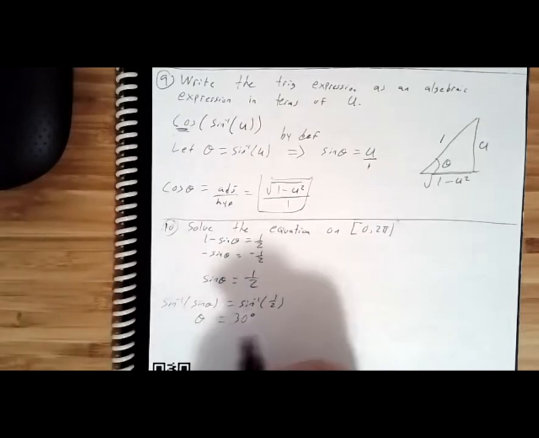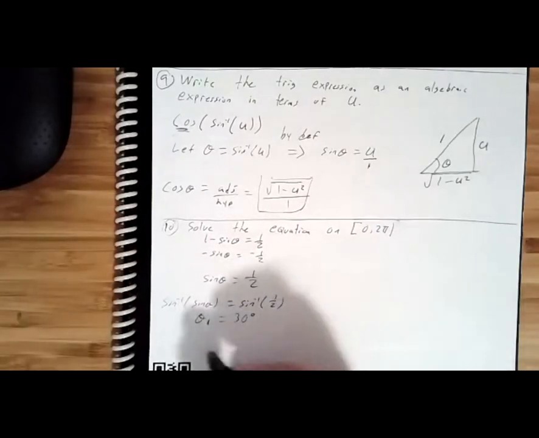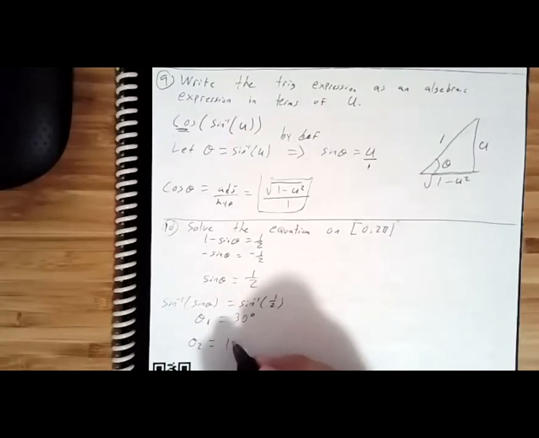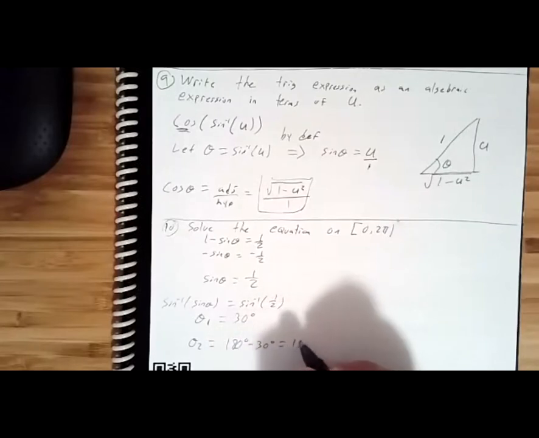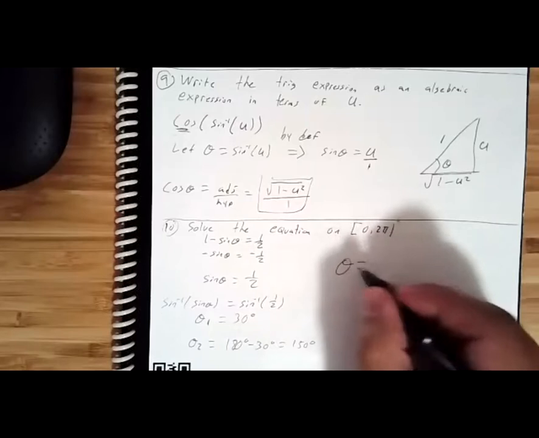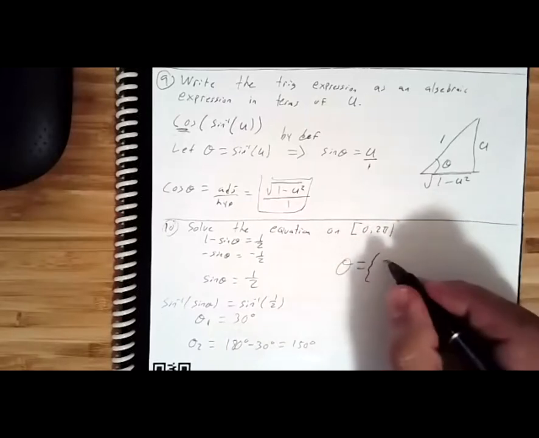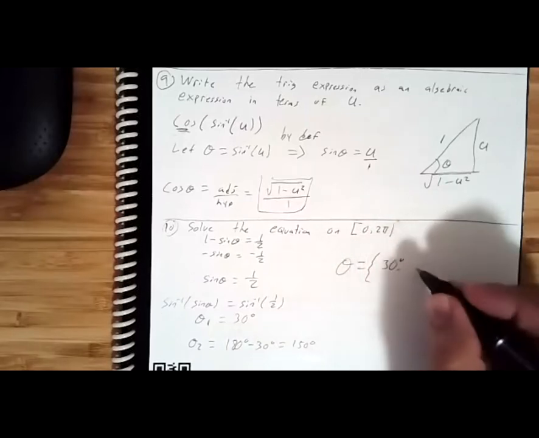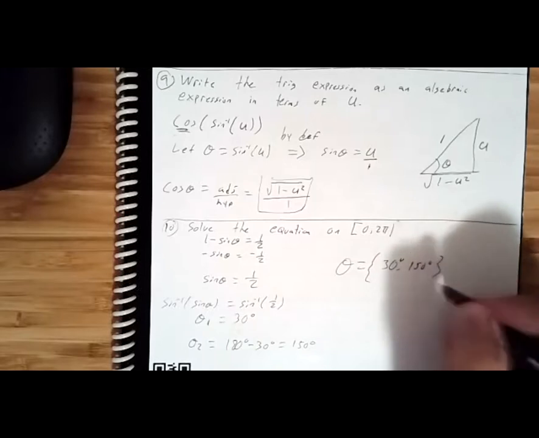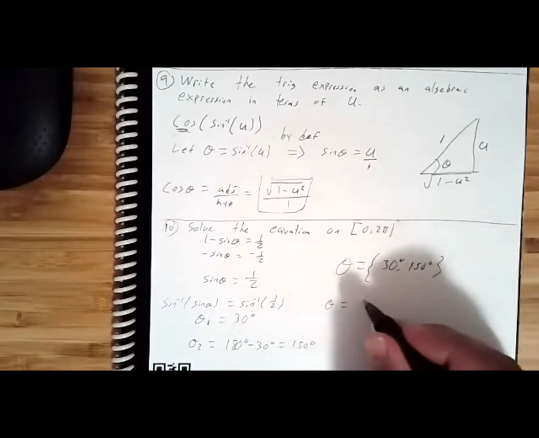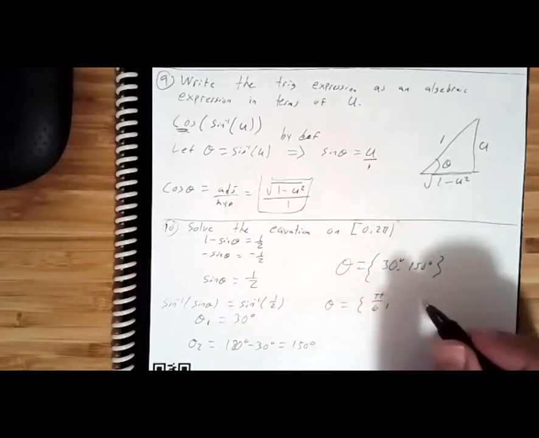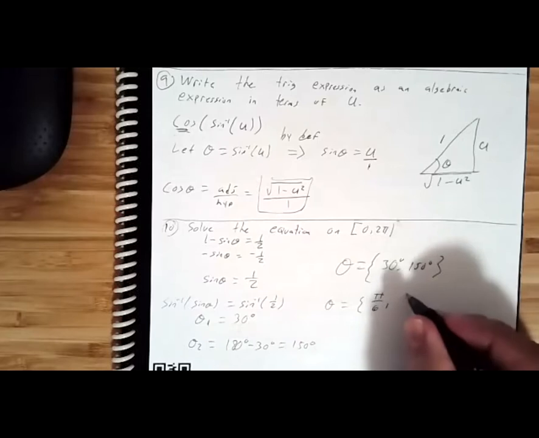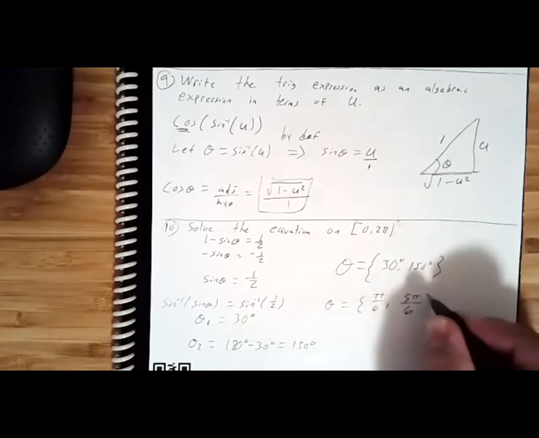So this is the first angle. The second angle you find by subtracting from 180 degrees. So the answers will be 30 degrees and 150. Or if it is in radians, that will be pi over 6 and 5 pi over 6.